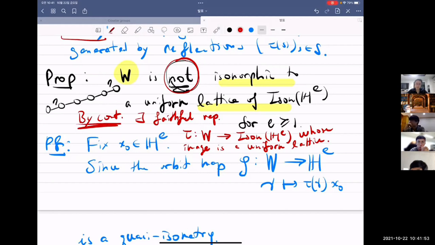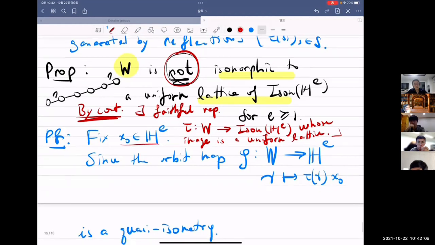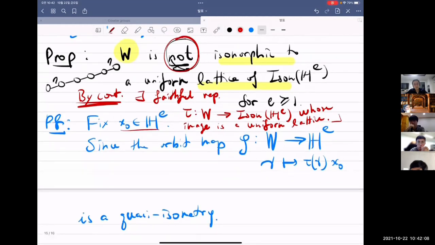So assume on the contrary that there exists a faithful representation tau. Then let's pick a point in the hyperbolic space and take this orbit map. Because this is a uniform lattice, this action is co-compact, so the orbit map is a quasi-isometry.